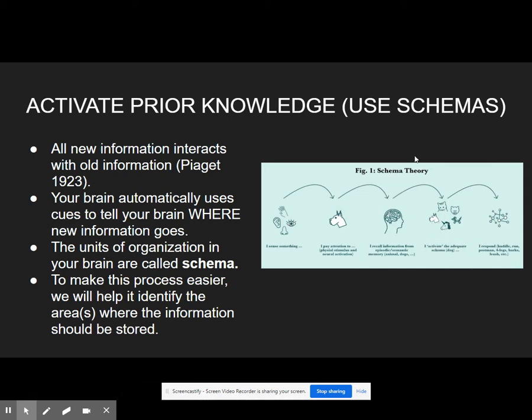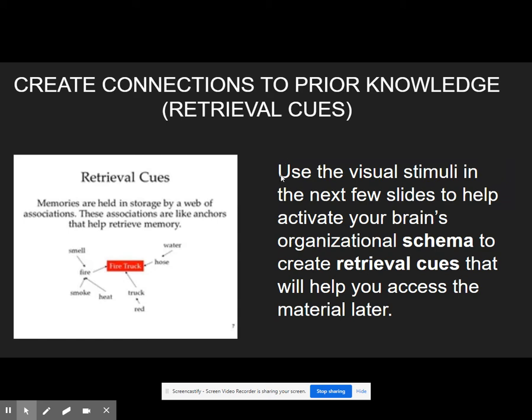We're trying to do this so that this is not just some boring lecture, so that you are actually trying to actively and metacognitively encode this. So we're going to use a bunch of retrieval cues. Retrieval cues are memories held in your brain that act like anchors.